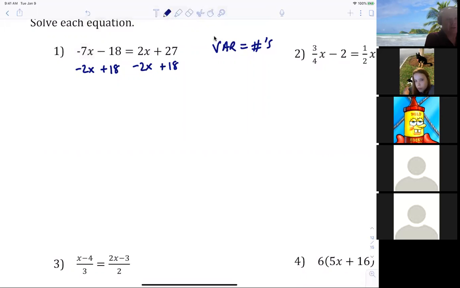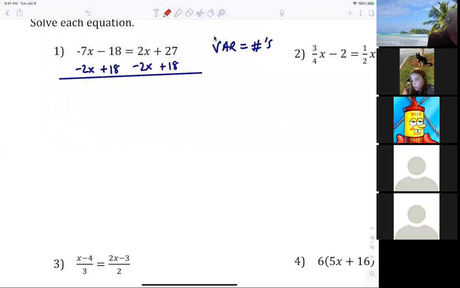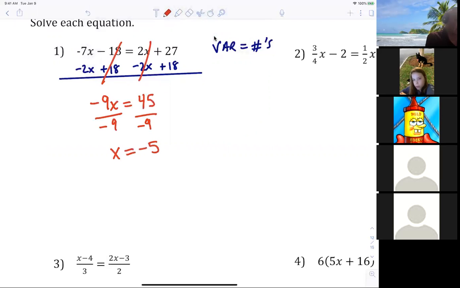A lot of you said you have them confused. So now, these cancel, cancel. Negative 7x minus 2x is negative 9x, equals 27 plus 18, which is 45. Now we divide by negative 9. x equals negative 5. Any issues?